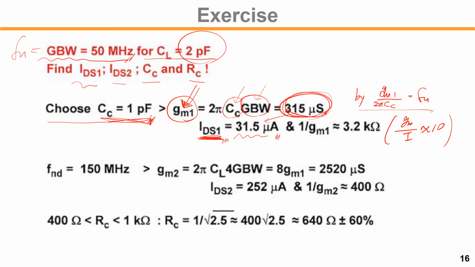Now the non-dominant pole, we would like to place that at least 3 times FU, right? So 150 megahertz. Now the second pole location is GM2 over 2 pi CL, approximately.